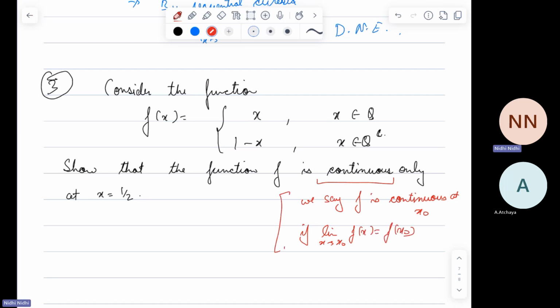So I'll wait for 5 minutes. Just see what is the limit as x tends to 1 by 2. Yeah, because they're asking us to show the continuity at 1 by 2. At other points I'll explain. Just look at x equals to 1 by 2.